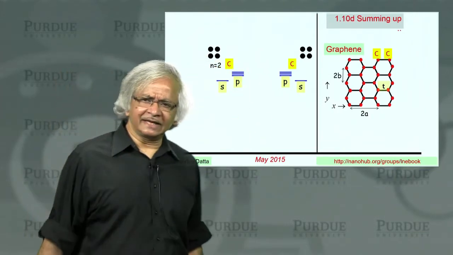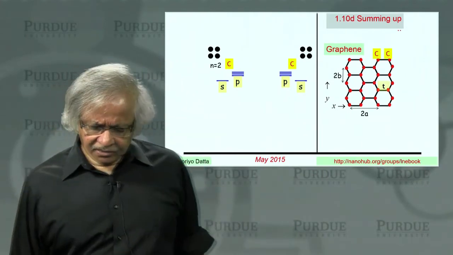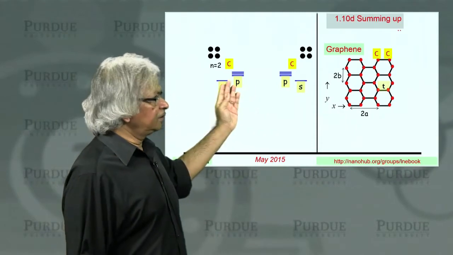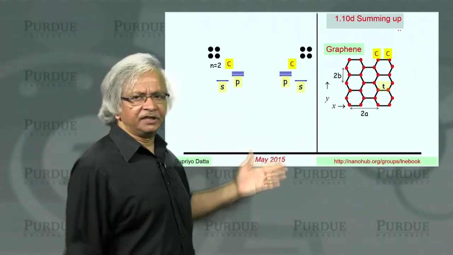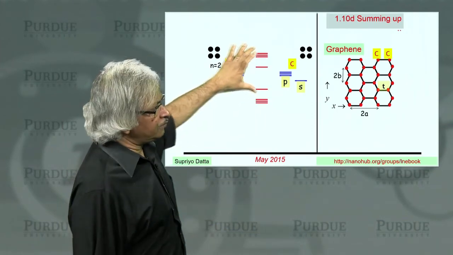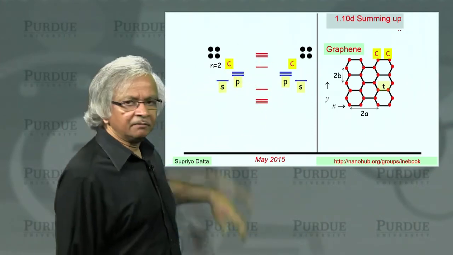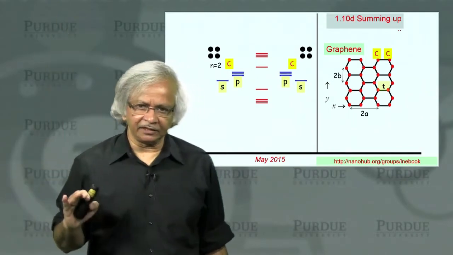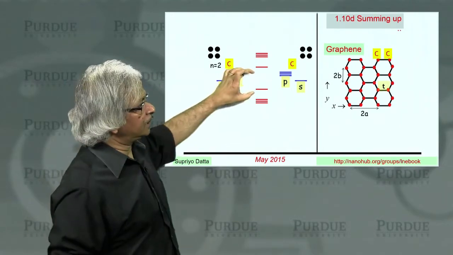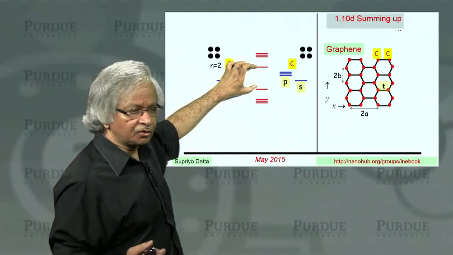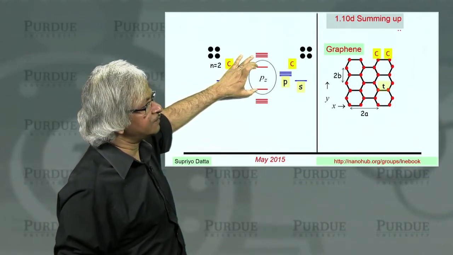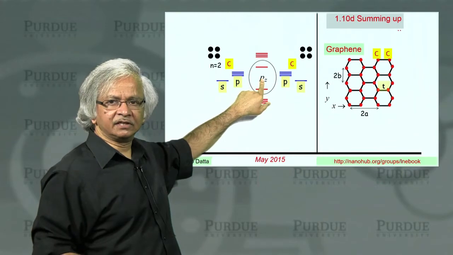But here you might say, well, the situation is just like silicon, because after all, you got this 4 here and 4 here, so you'll need 8 basis functions per unit cell. And that is kind of true if you want to describe all these levels, but the enormous simplification in graphene is that when it comes to current flow, the ones that matter are these levels, because those are the closest to the Fermi energy, which is in the middle, and those can be described largely in terms of the pz orbitals.